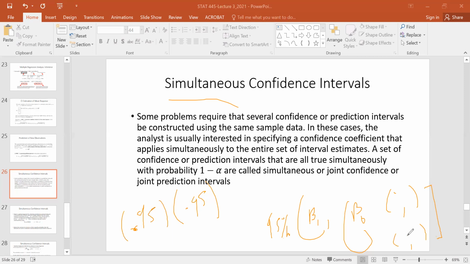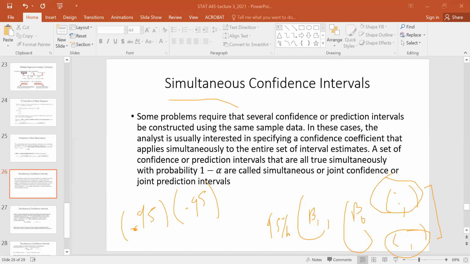That's what we are talking about. We are not saying individually 95% confident that beta 1 lies here, and then also 95% confident that beta 0 lies here. We are not talking about separate 95%. Can you confidently, at the same time, simultaneously, jointly, say those intervals contain the true parameters?